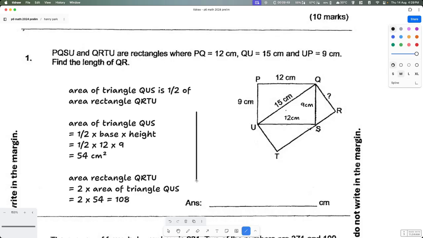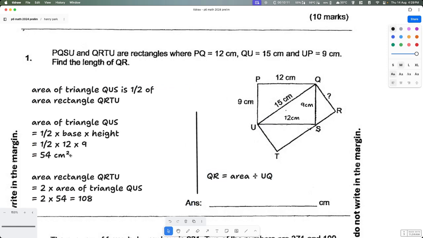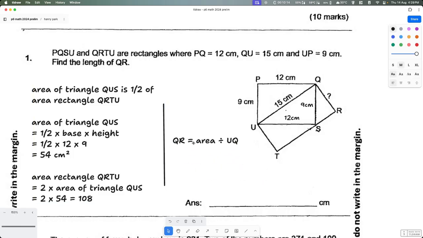Then the last step is to just divide. What is this length, the breadth? QR is equal to area divided by UQ. Essentially we want to get the length times breadth, so breadth is equal to area divided by length. So QR is equal to area divided by UQ.